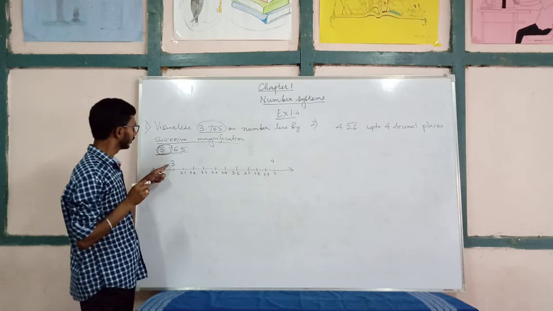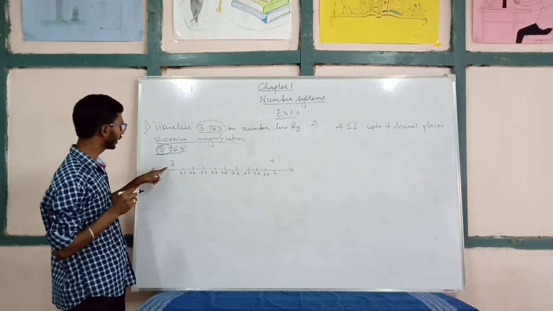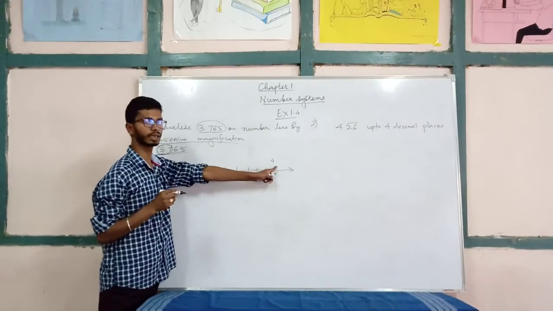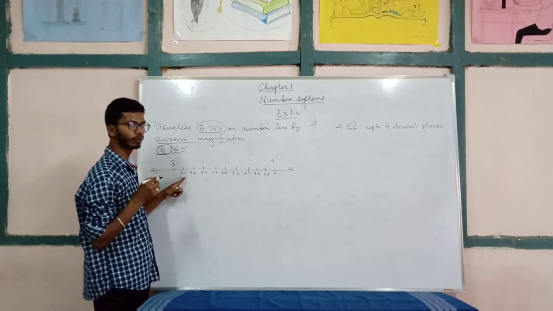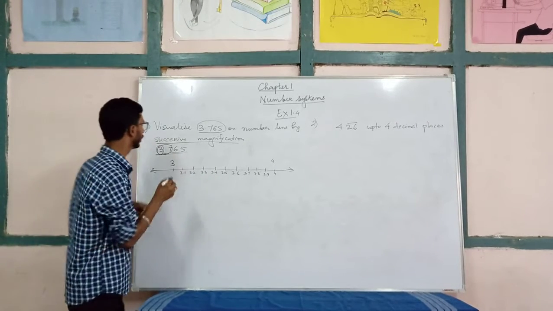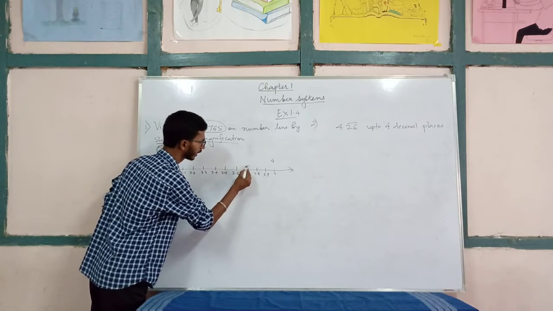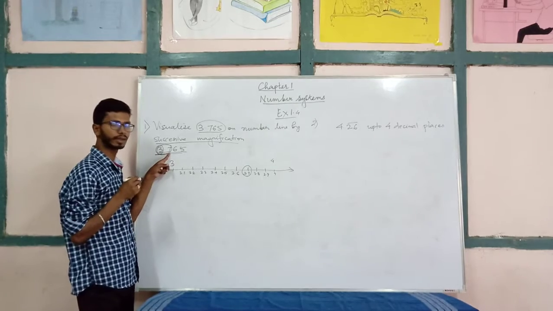So 3.7 lies between 3 and 4. We have drawn a number line, 3 at one end and 4 at the other end, and the numbers between 3 and 4 will be 3.1, 3.2 and so on. So this is 3.7. So we got the point up to one decimal, 3.7.